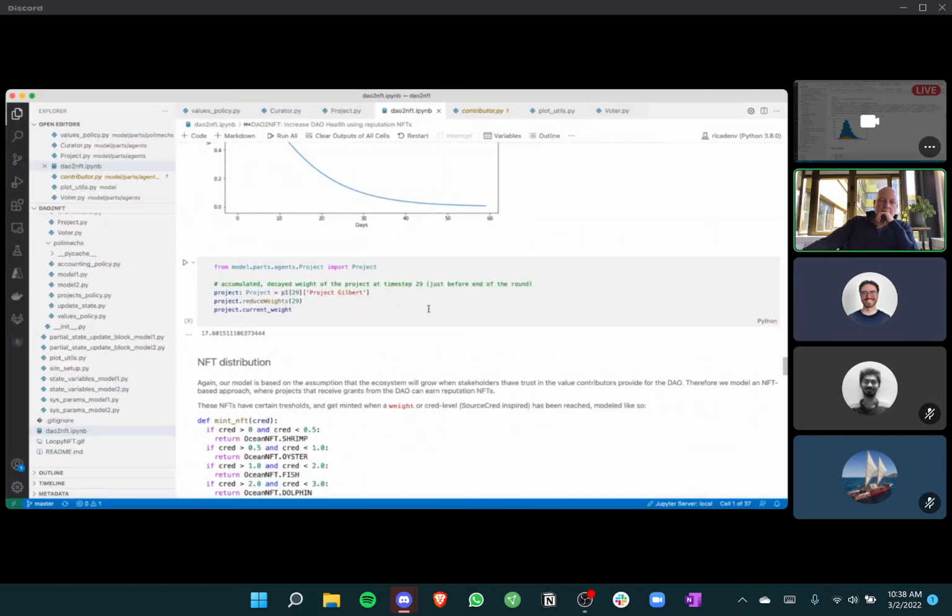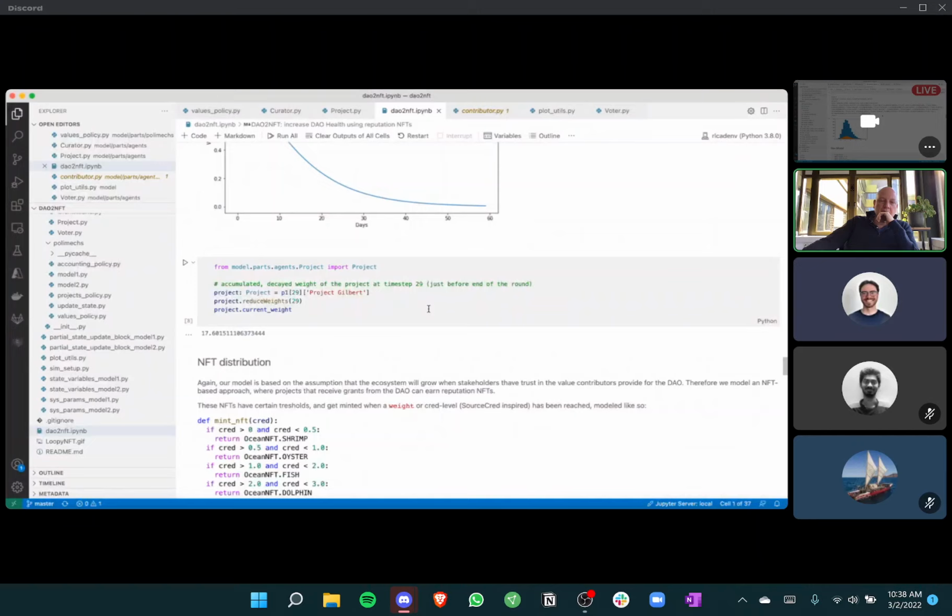Basically, this is where the bulk of the functions are, and in the contributor. And this is just what I stole from SourceCred. So you can of course tinker on this. And this is actually the Ocean round statistics of the last 3 rounds, with a probability distribution about these rounds.